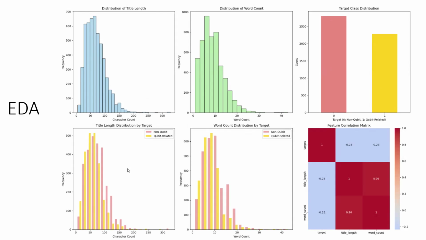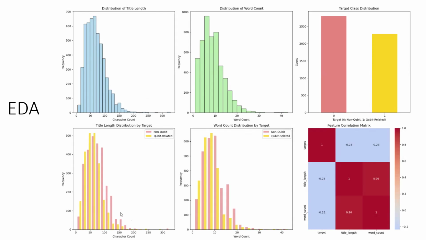If we look at the lower three charts, the lower left-hand corner is title length distribution by target. It's really the same as my character count above, except now we're splitting it by non-qubit versus qubit related. If we look at my long tail, between 100 and 150, we notice the non-qubit titles tend to be longer.